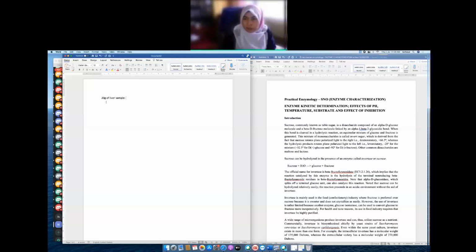And then you have prepared this liver and you grind it using 100 ml phosphate buffer.